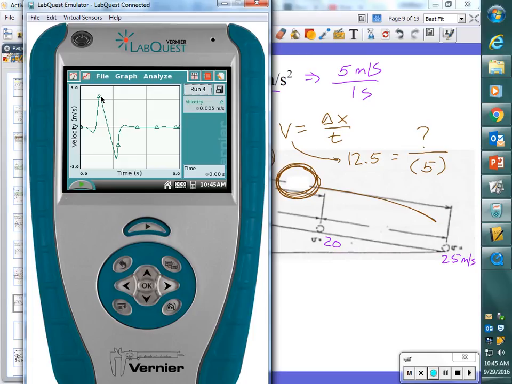So during this section of the graph, what's happening to the velocity? It's decreasing, but it's still moving which way? It's still moving in the positive direction. And we discussed, what is the positive direction in this lab? Up.